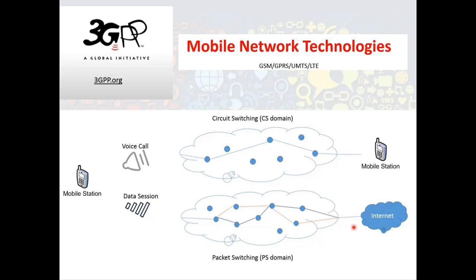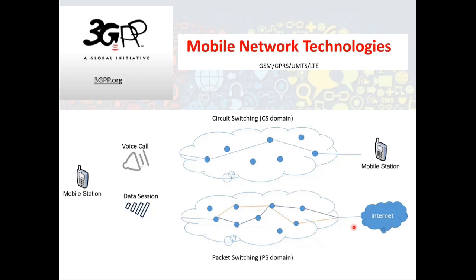From 1G, in 1990 came GSM, then GPRS and EDGE, then 3G UMTS, then 4G LTE Advanced, and 5G. The 3GPP organization plays a very important role in standardizing and coming up with these releases and specifications.